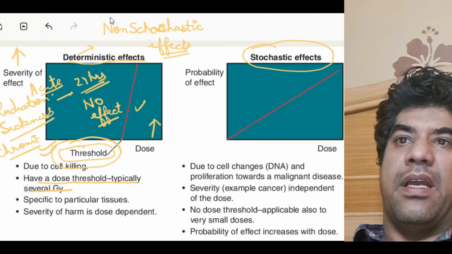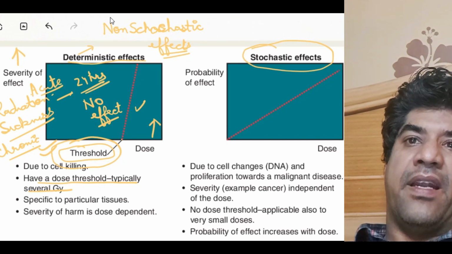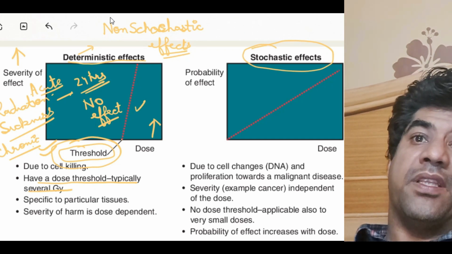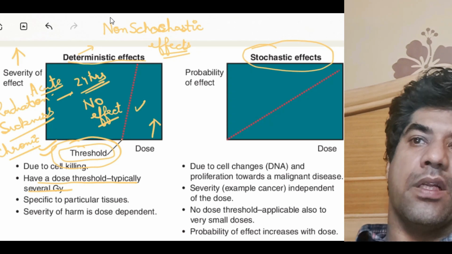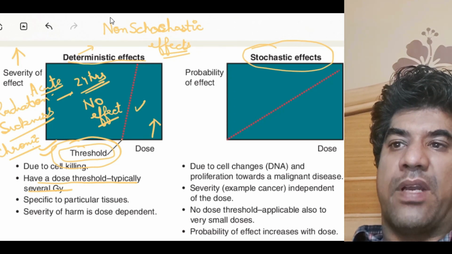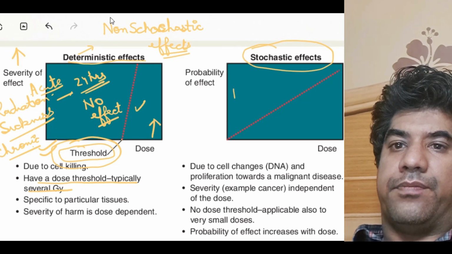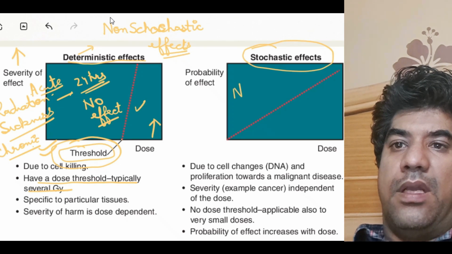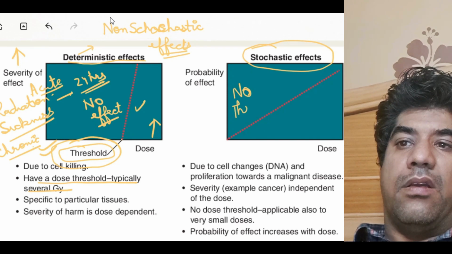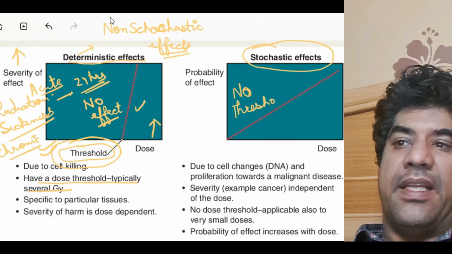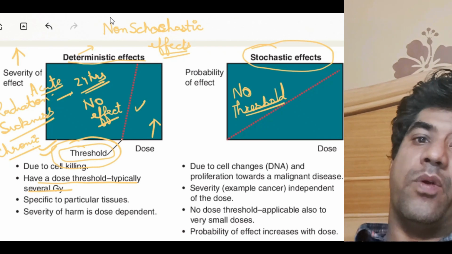As in deterministic effects there was a threshold of dose below which the effect does not occur, whereas in the stochastic effect there is no threshold dose below which it is certain that the stochastic effect cannot occur.